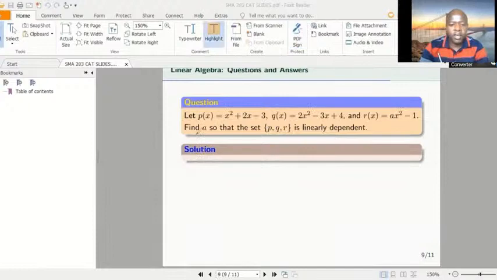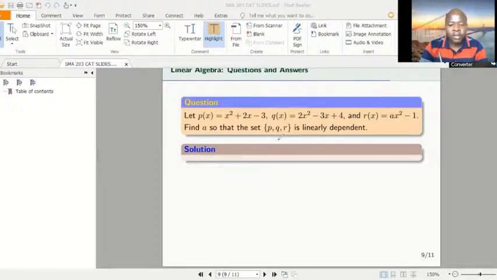The question says, let Px, Qx, and Rx be polynomials. Find A so that the set of these polynomials is linearly dependent. The good thing is we've already looked at a question involving linear dependence of vectors.